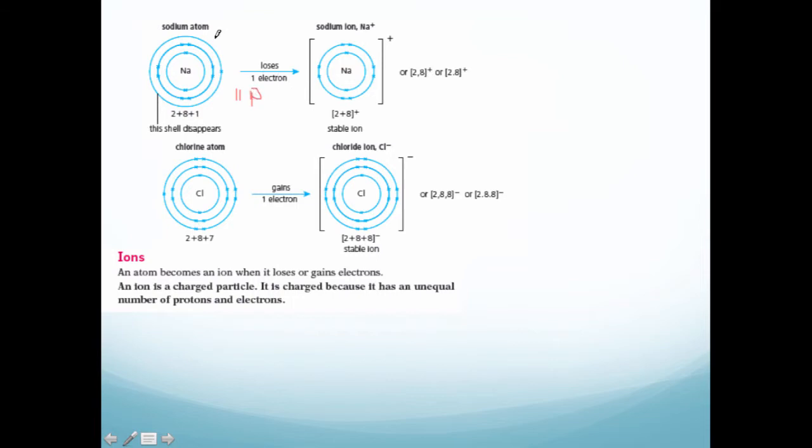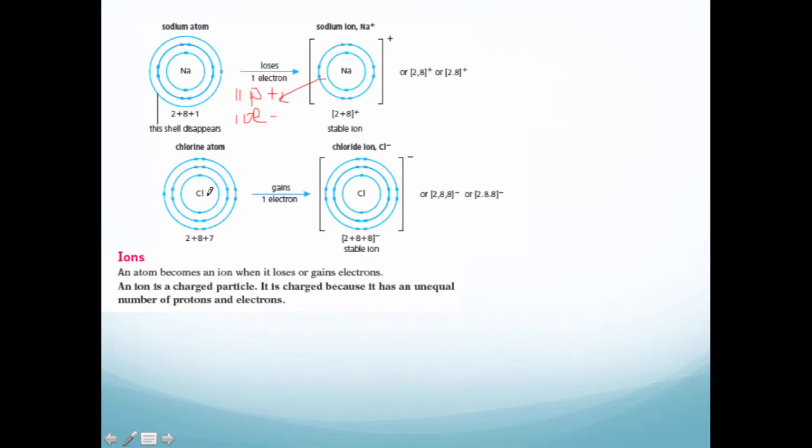So my sodium wanted to lose 1 electron, and now the sodium has 10 electrons. Remember, proton is positive and electron is negative. So here, my sodium ion will have 1 more positive charge compared to the negative charge. So the overall charge of the sodium ion is Na+.